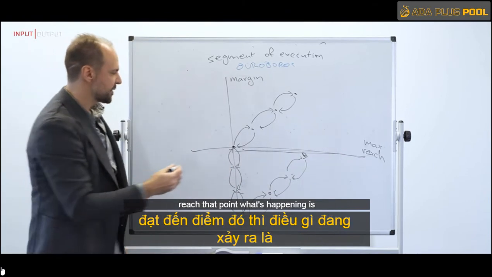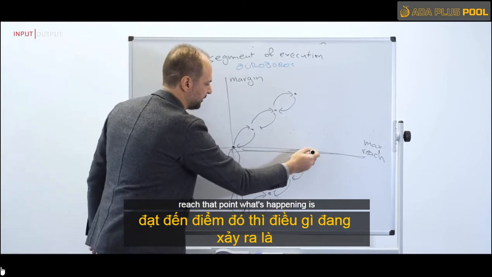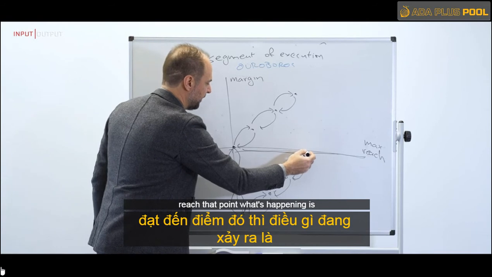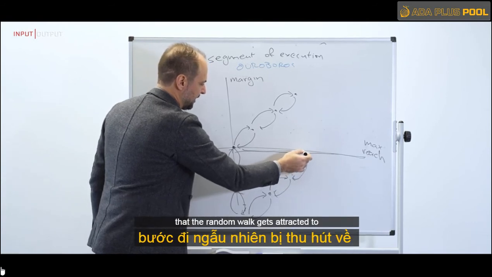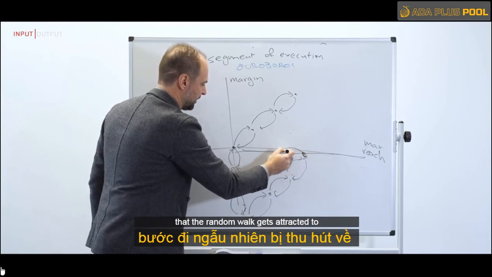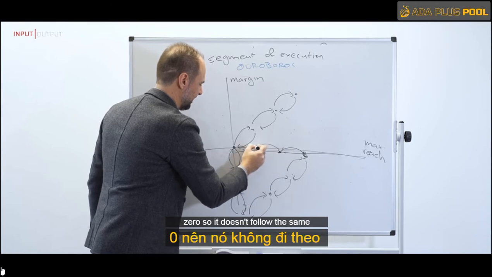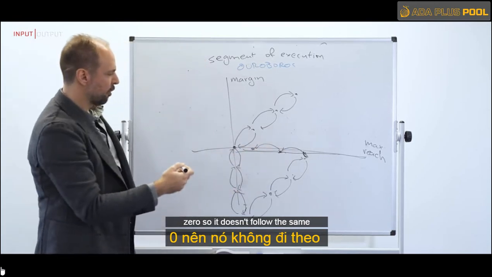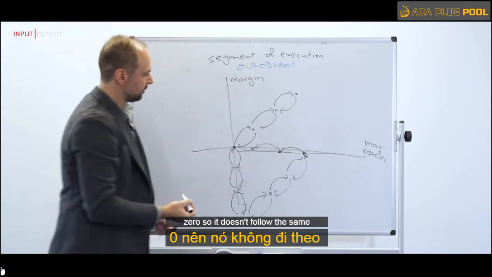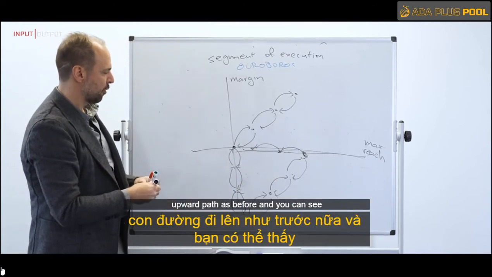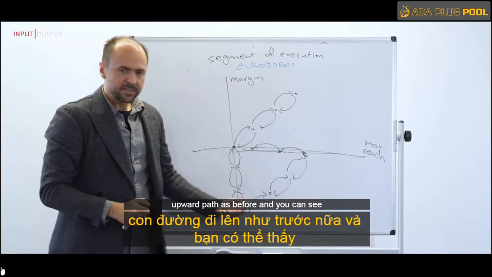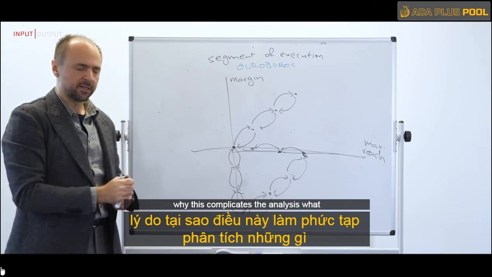But once you reach that point, the random walk gets attracted to zero. So it doesn't follow the same upward path as before. And you can see why this complicates the analysis.